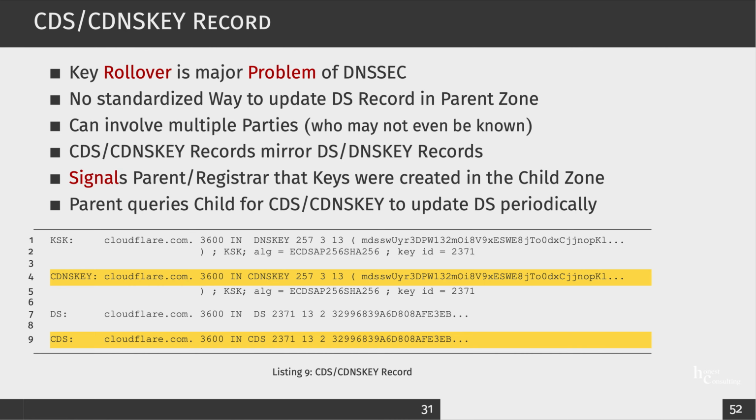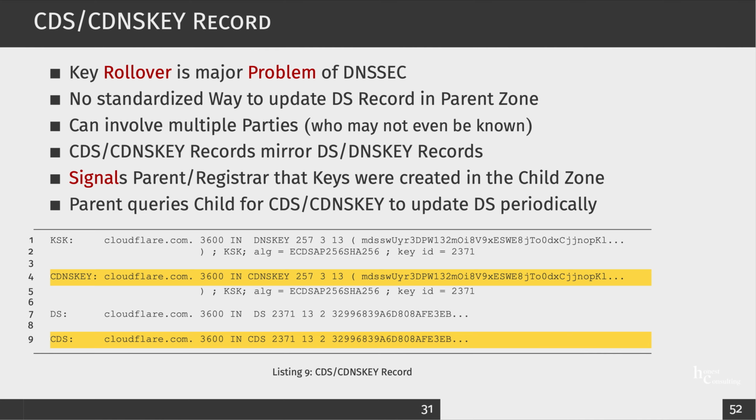And the CDS or CDS key record tries to fix that. It's a dedicated record that you can store in the DNS zone, in the child zone, that gives an indication to the parent that there are new keys available, and the content of such a CDS record is the actual DS record.